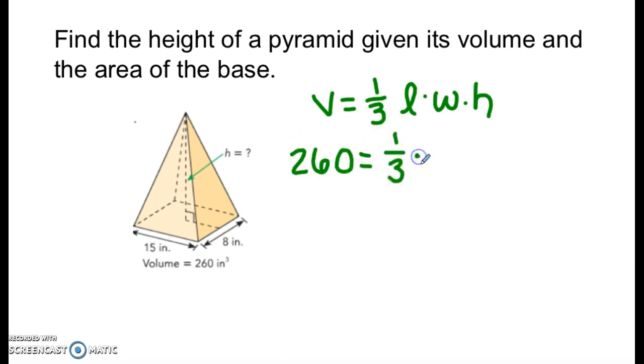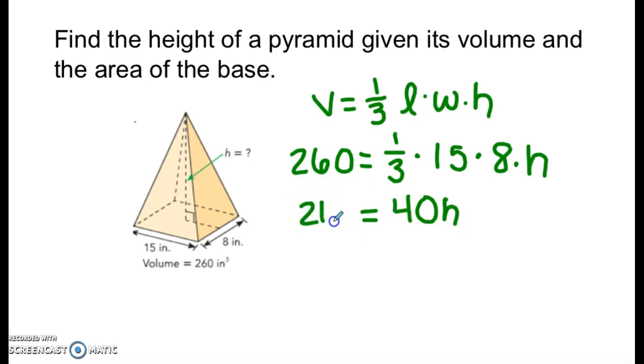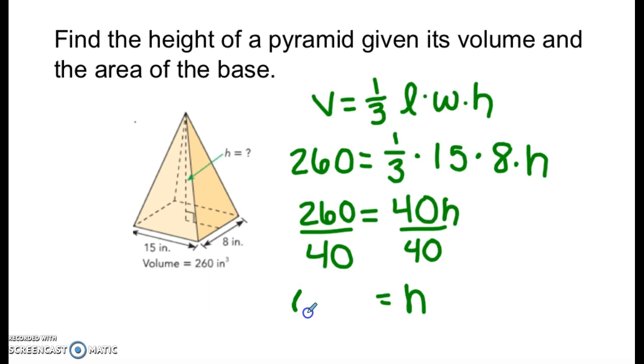The length is 15, the width is 8, and we want to solve for height, which is h. So 1/3 times 15 times 8 equals 40. And to get h by itself, we're going to divide by 40 on both sides. So we get the height is equal to 6.5 inches.